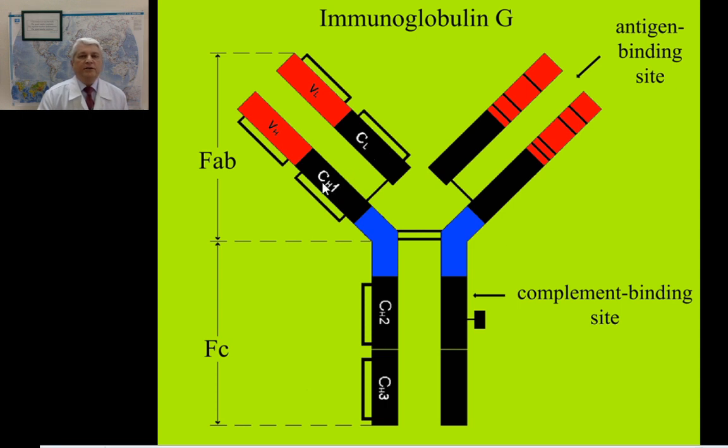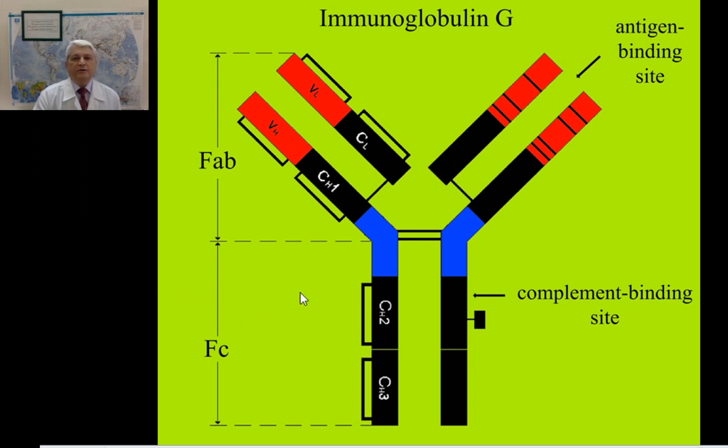In the heavy chain we have same system of letters, but as we have 1, 2, 3 different constant domains, we add also the number: CH1, CH2 and CH3. What does it mean? Constant domain of heavy chain number 1, or the first constant domain of heavy chain.